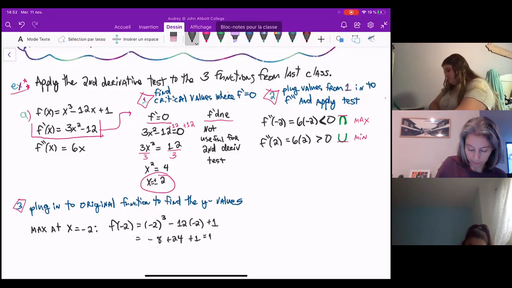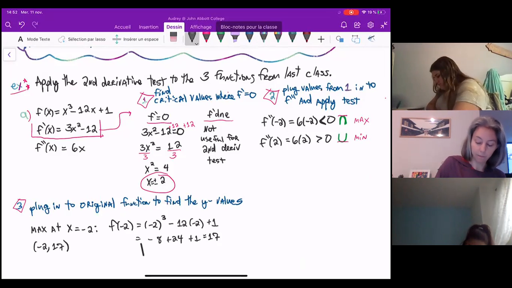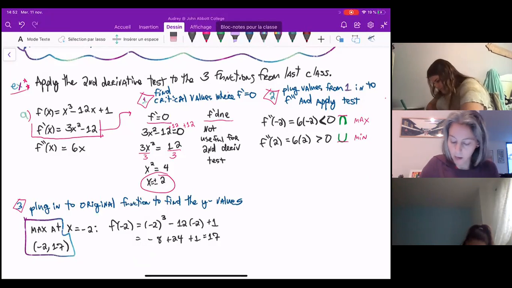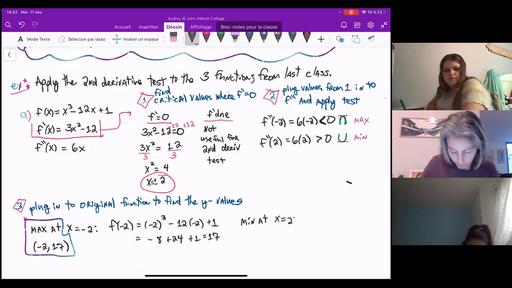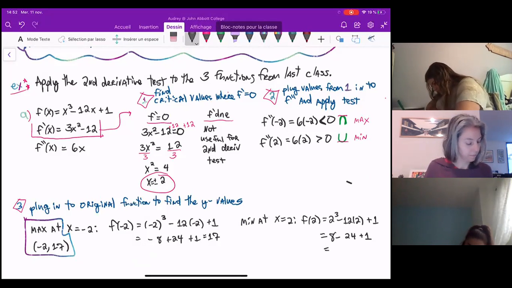To get 17. So my max is at negative 2, 17. And then I have my min at positive 2. Which gives me a negative 15.